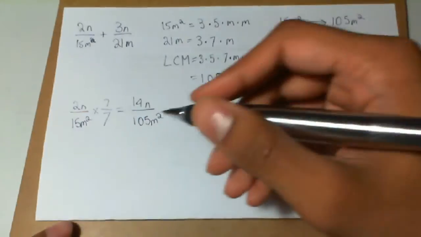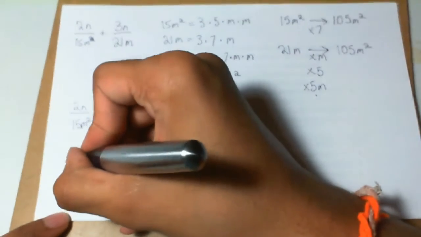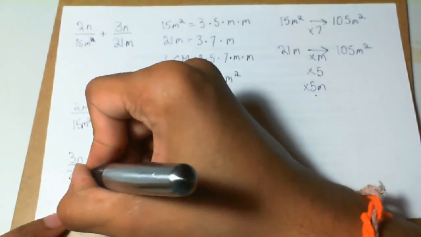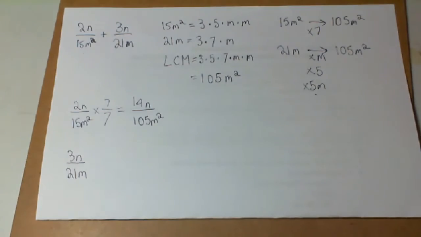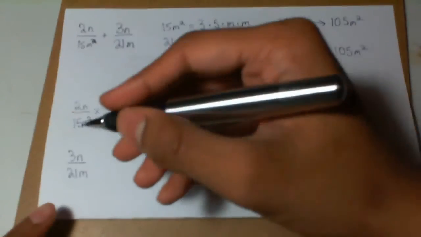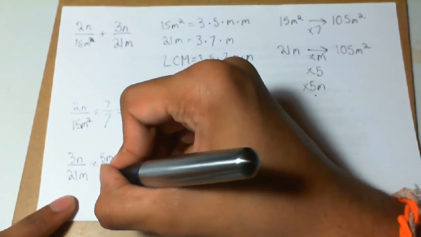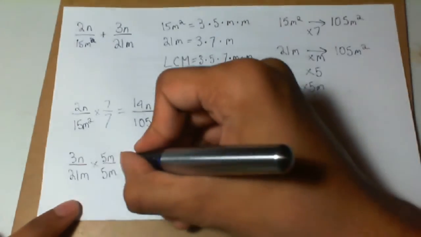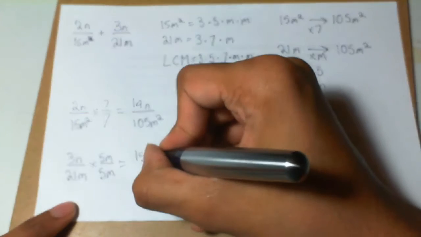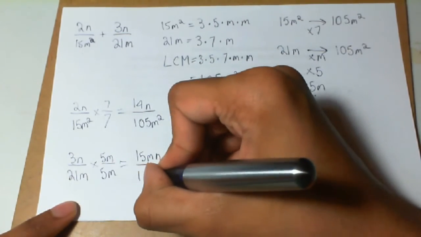And then the same thing, 3n over 21m, and we said we're going to multiply it by 5m. So 5m on the top and on the bottom to get 15mn divided by 105m squared.